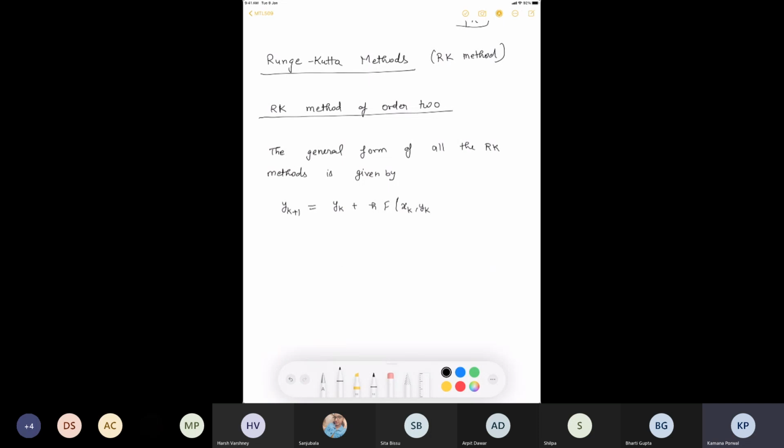As a function, this function might depend on some variables. Because I'm writing it as a new function, other than x_k, y_k, it will depend on h and f.